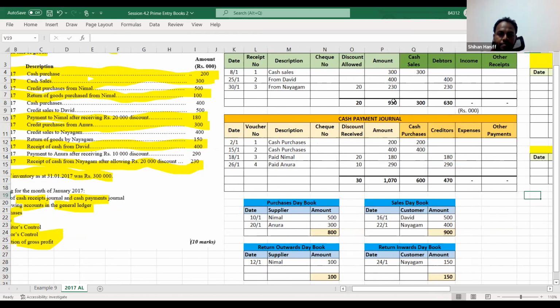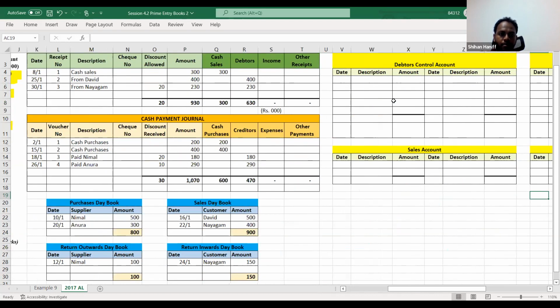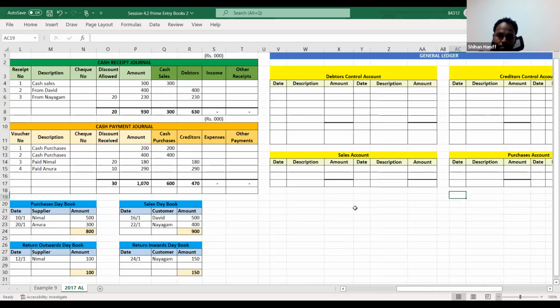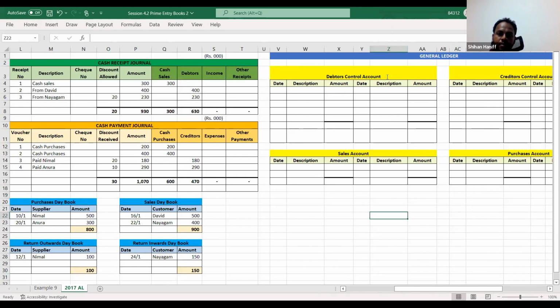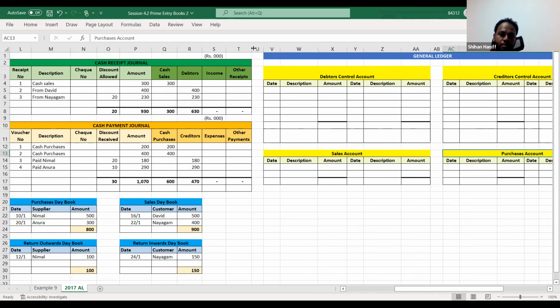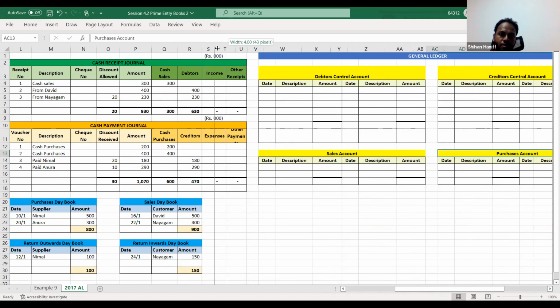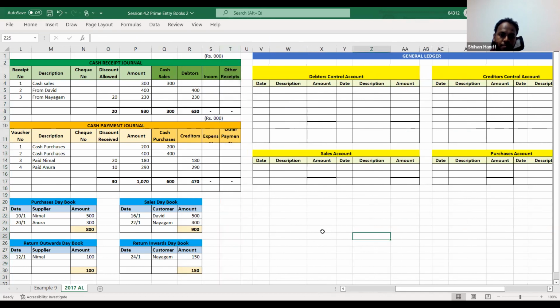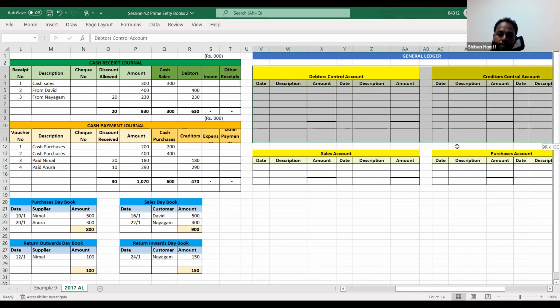From this, now let's prepare the debtors control account, creditors control account, sales account, and purchases account. Draw these ledger accounts.